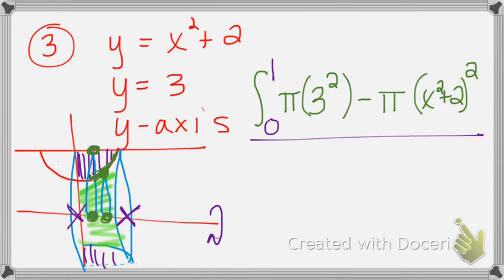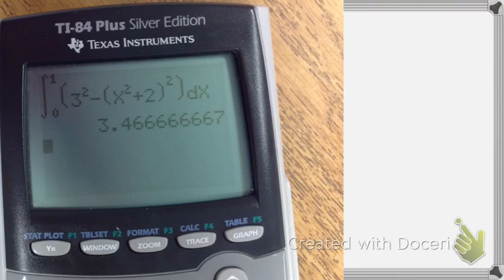the calculator. When I do it, I'm just going to do it without the pi's, but you can do it with the pi's. It doesn't matter. I'll show you what I put in the calculator. So this is what it looks like when you plug it into the calculator the way that I did it.